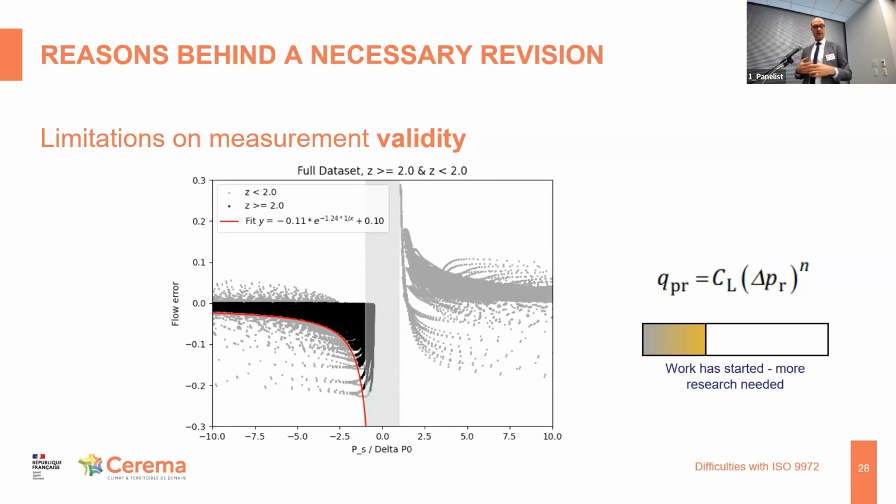These are some preliminary results. On the y-axis you see the calculated flow error, and on the x-axis you see the pressure station we are measuring, like 50 Pascal, 60 Pascal, 70 Pascal, 80 Pascal, and so on, divided by the calculated zero flow pressure measurement.